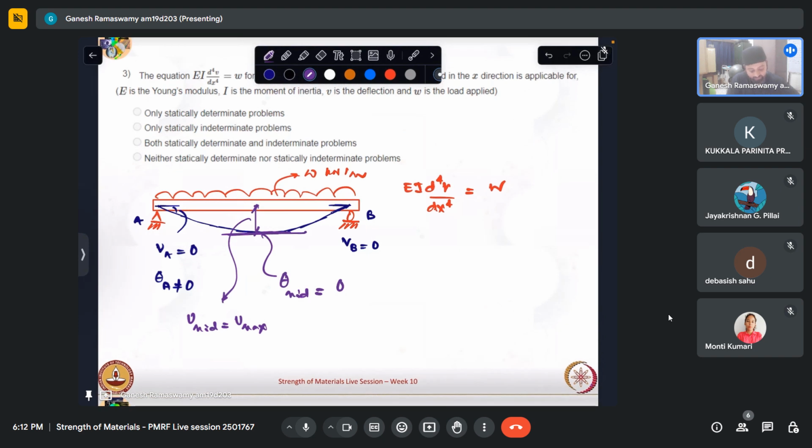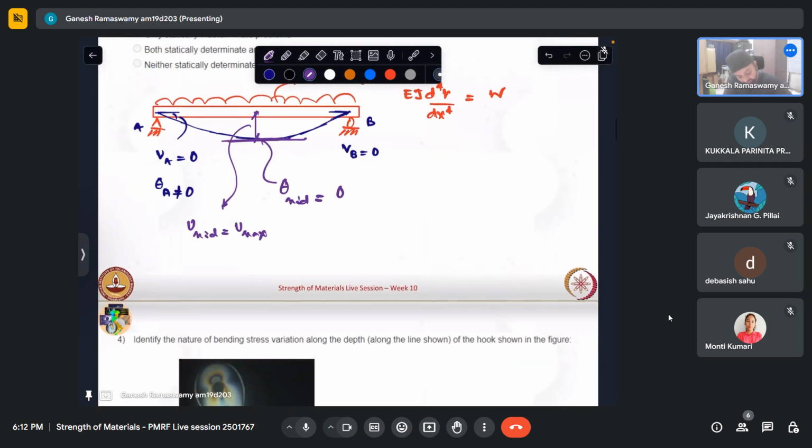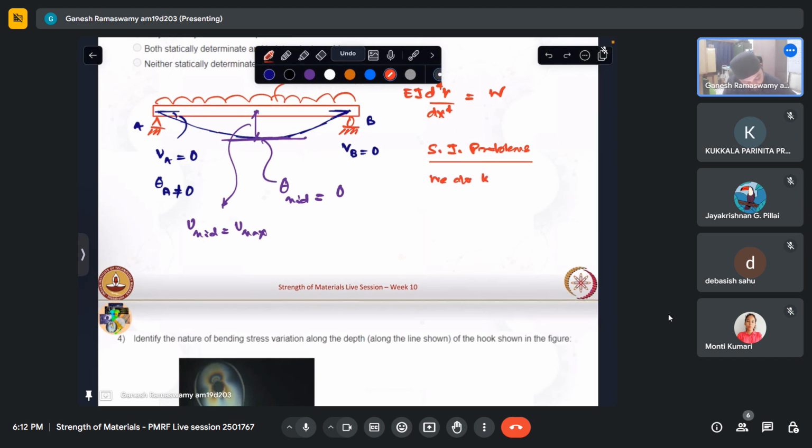Now, in addition to this being a statically determinate problem, we could also apply this to a statically indeterminate problem. In statically indeterminate problems, we do not have expressions for the reactions upfront.